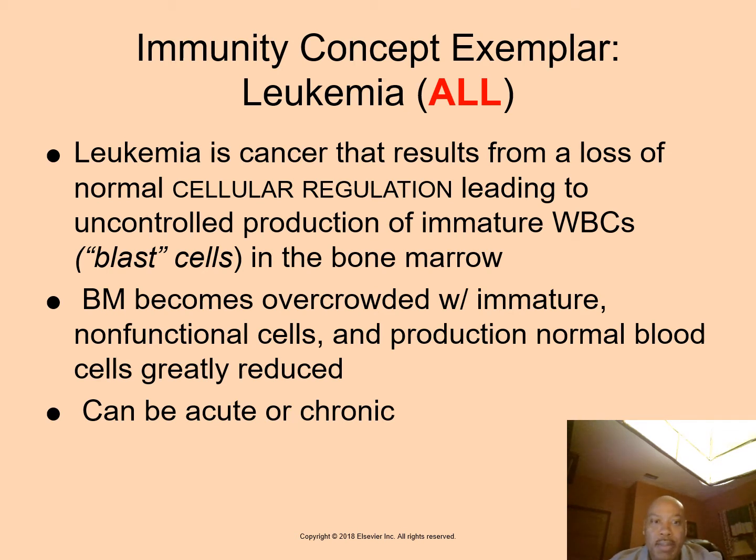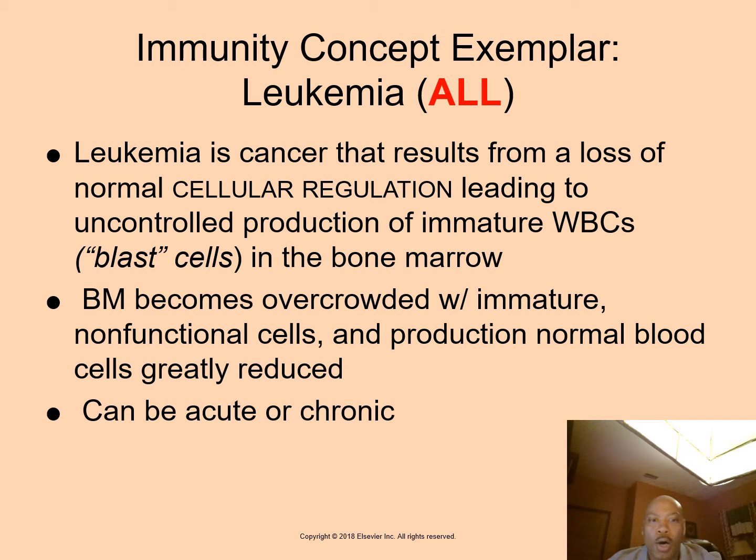related to leukemia. Now, leukemia is a cancer that results from a loss of normal cellular regulation leading to uncontrolled production of immature white blood cells, also referred to as blast cells, in the bone marrow.